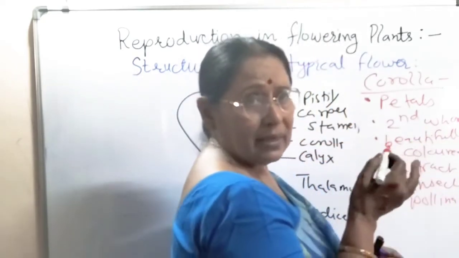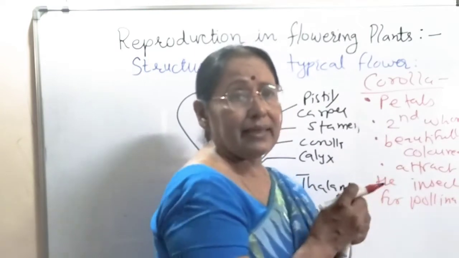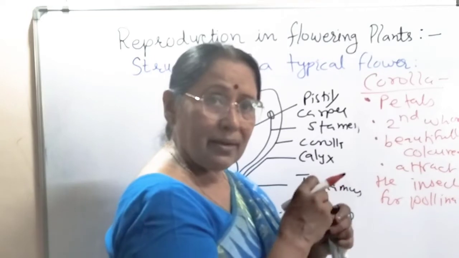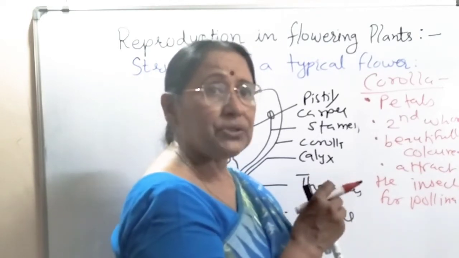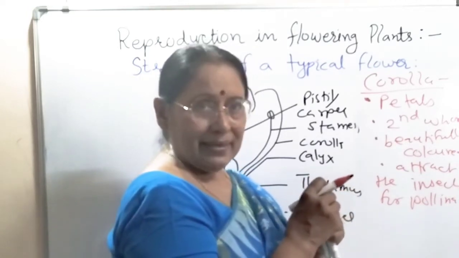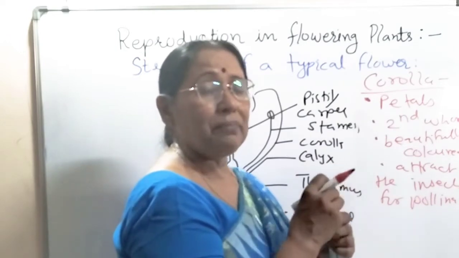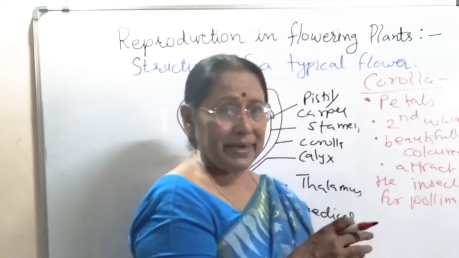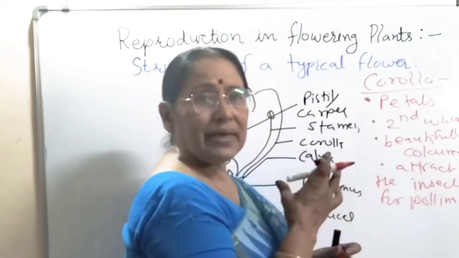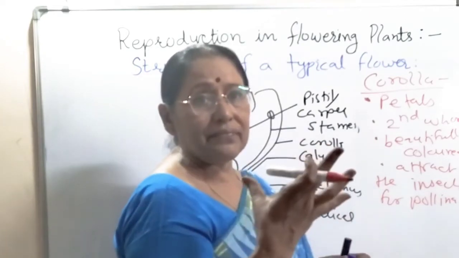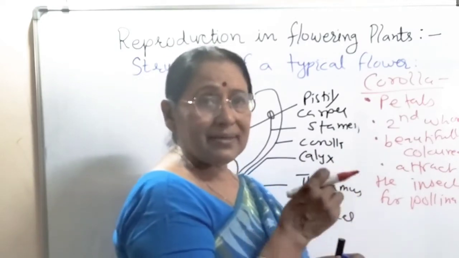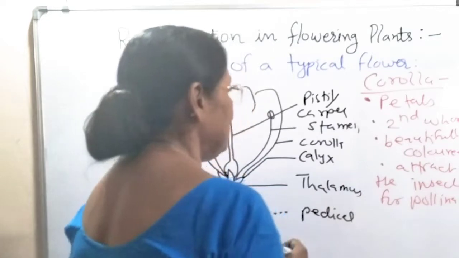Similar to sepals, if they are united, then they are called gamo. The sepalous word will be exchanged with petalous. So it becomes gamopetalous. And if they are free, then it is polypetalous. Also, if their number is 3, 4, 5 or multiple of it, then it is called trimerous, tetramerous and pentamerous.